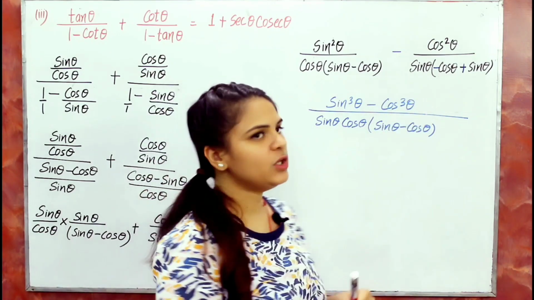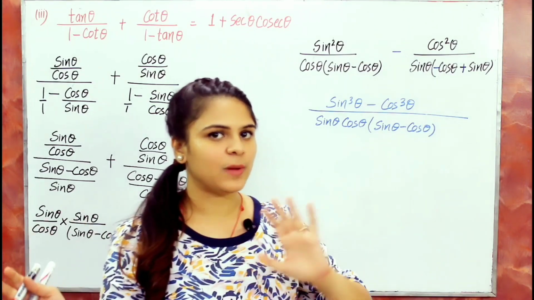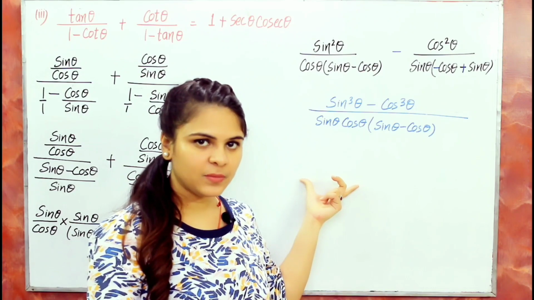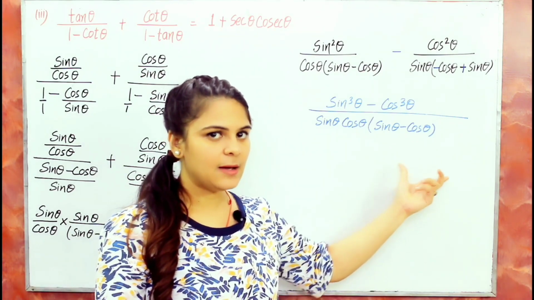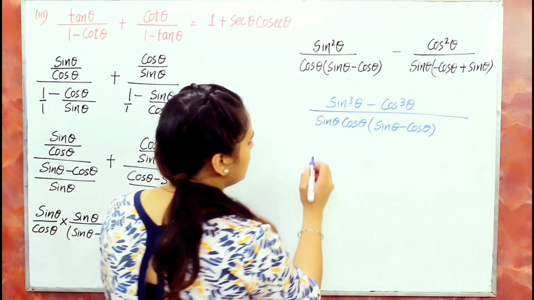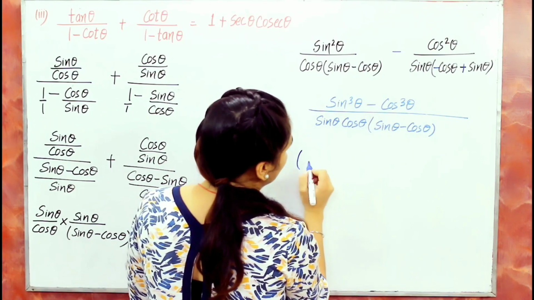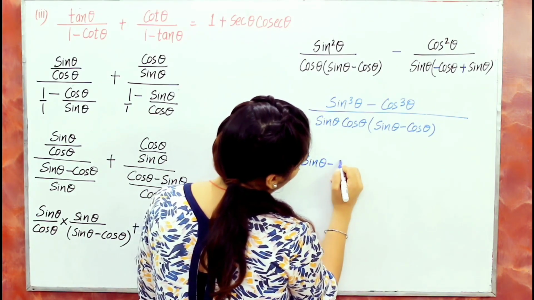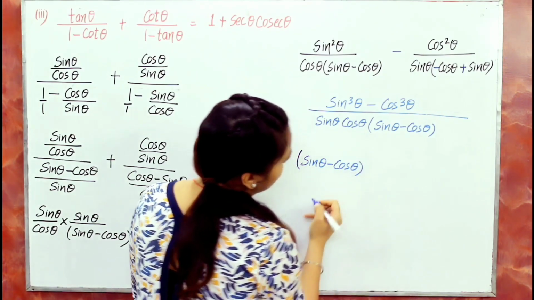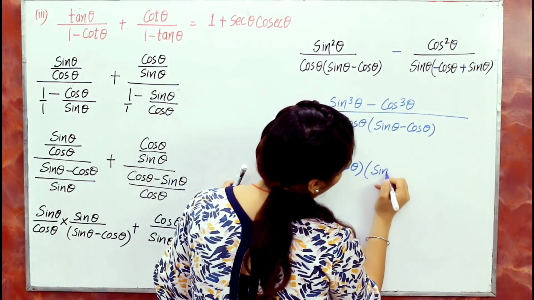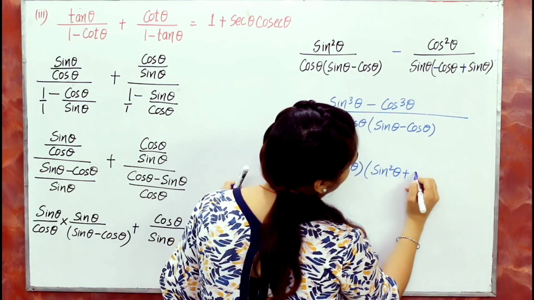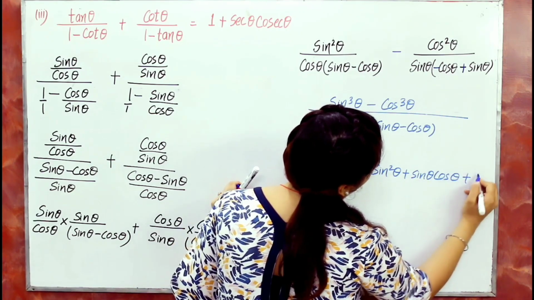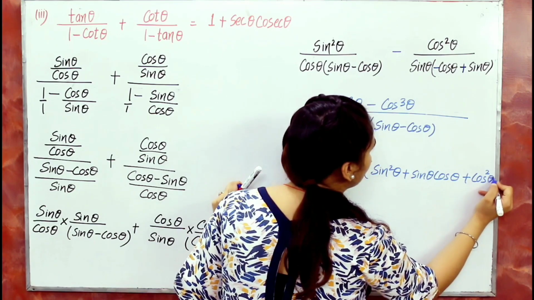In the numerator, you can use the a cube minus b cube identity, where a cube minus b cube is a minus b, a square plus ab plus b square. So sin cube minus cos cube theta is sin theta minus cos theta and sin square theta plus ab, that means sin theta cos theta, plus b square, that means cos square theta.